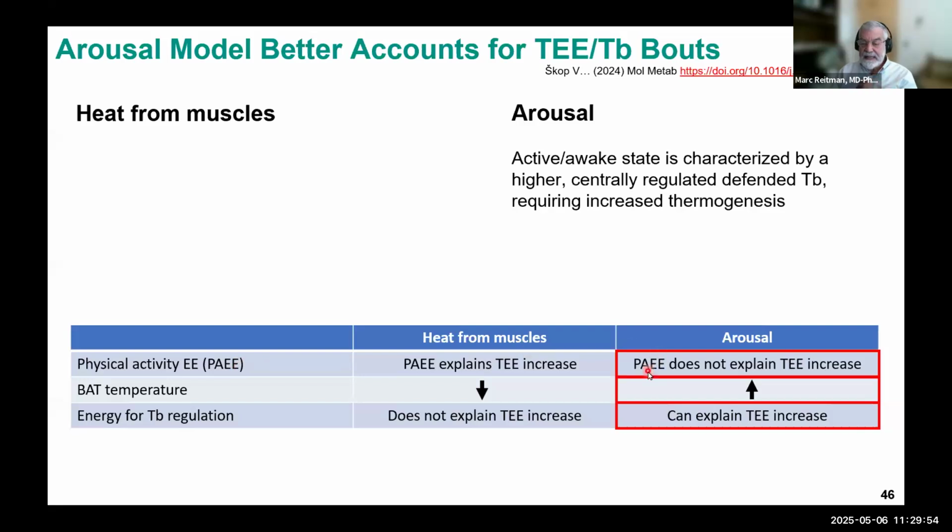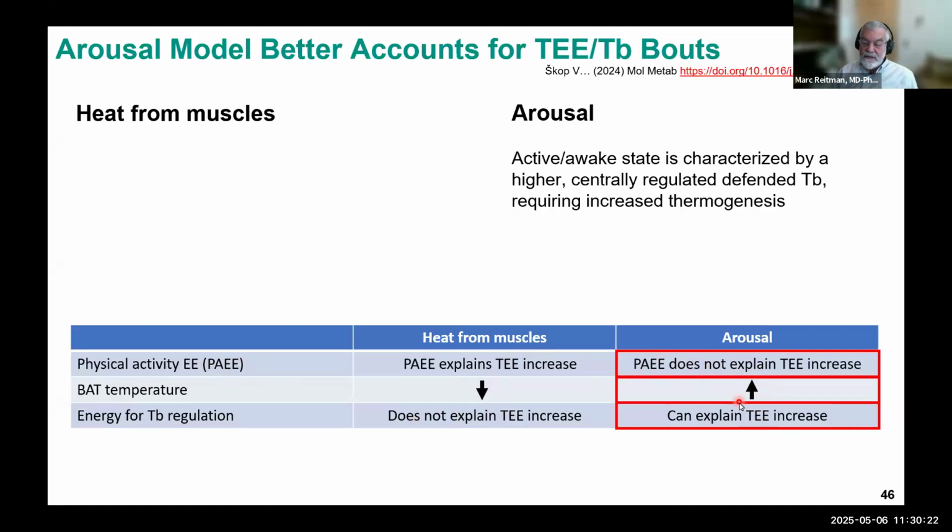And it turns out physical activity explains less than half of the energy expenditure increase during these arousal bouts. The second thing is if physical activity is causing heat, it should reduce brown fat temperature, whereas if you have arousal and arousal wants a higher body temperature, you should see an increase in brown fat. And indeed, you see a brown fat temperature increase. It actually drives and precedes the increase in core body temperature.